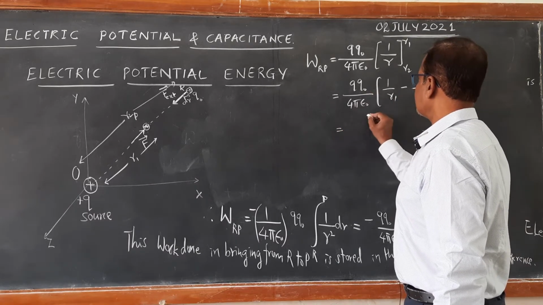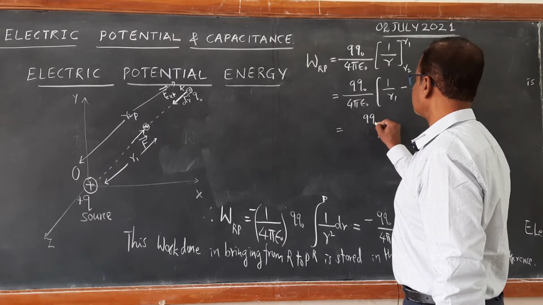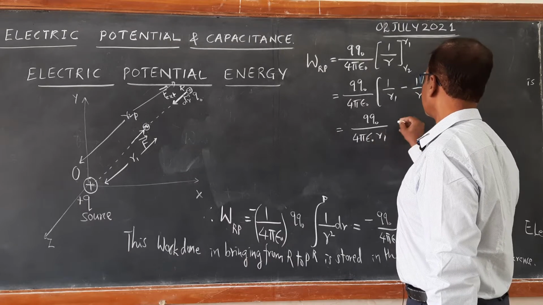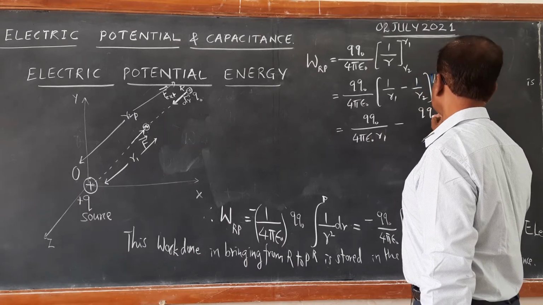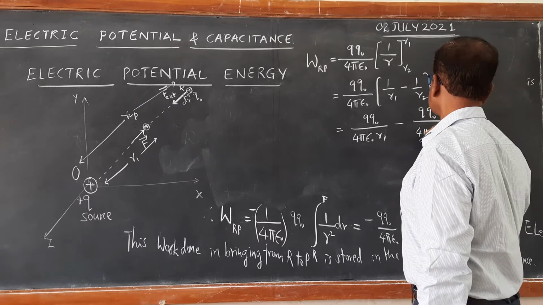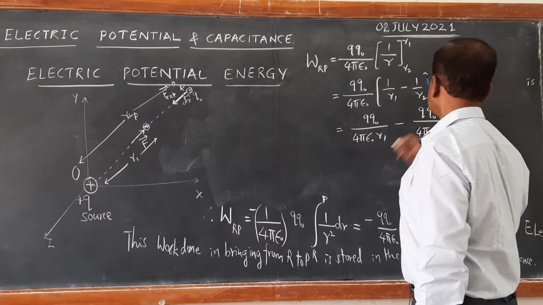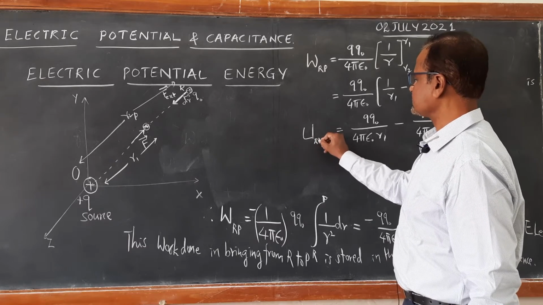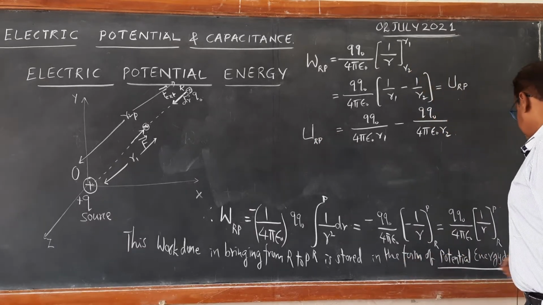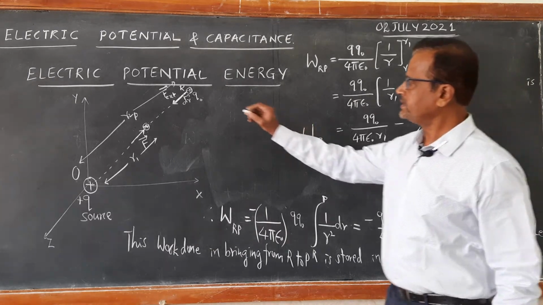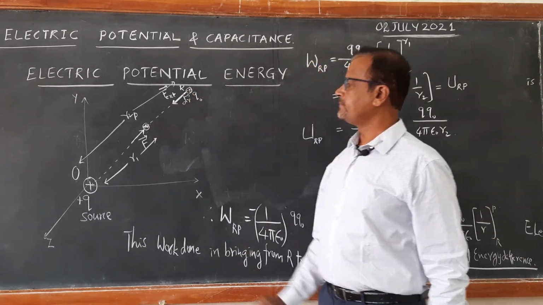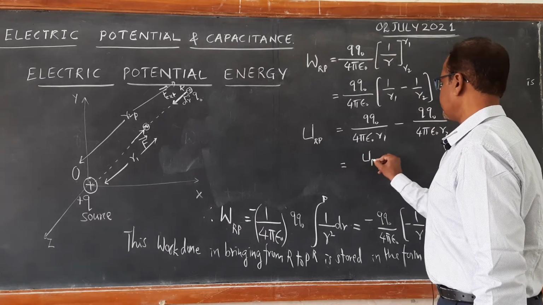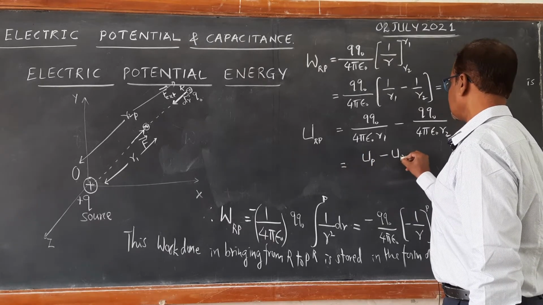So, this U_RP I am writing further, after taking this inwards, as q naught upon 4 pi epsilon naught R1 minus q naught upon 4 pi epsilon naught R2. So, this is nothing but the potential energy difference between P and R, which is equal to UP minus UR.